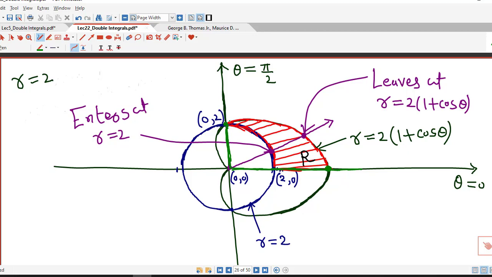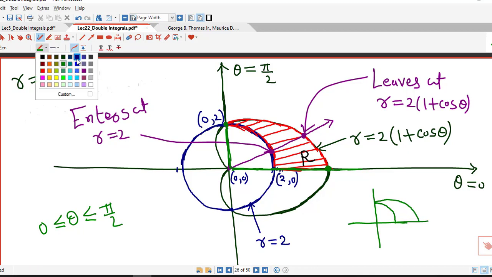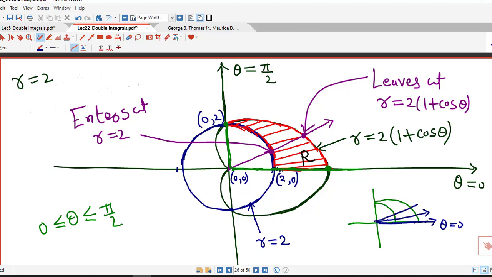At this point the value of theta is pi by 2. So theta is from 0 to pi by 2. So our region looks like this. This is the circle and this is the cardioid. We start from this point, where theta is 0, then we increase the value of theta.